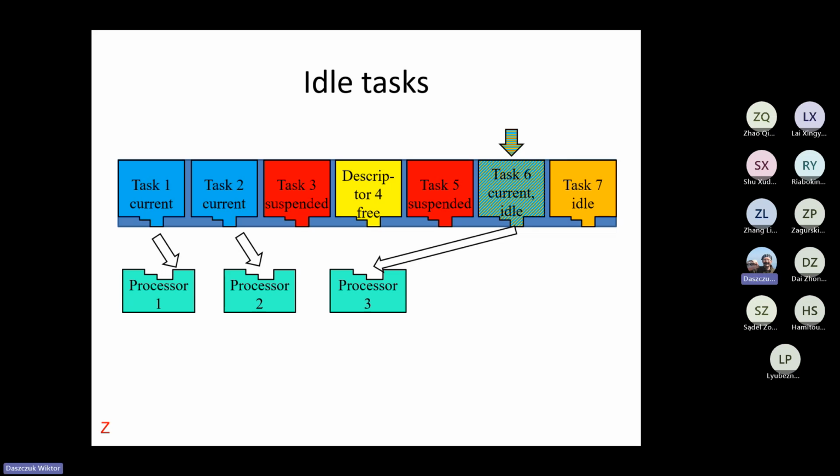Or not, if this processor does not have such an operation. So we have special idle tasks. When we have two current processes or tasks, no ready tasks, so we have idle tasks. And here we choose one of the idle tasks to run on this processor. And it can sleep the processor, you are right.